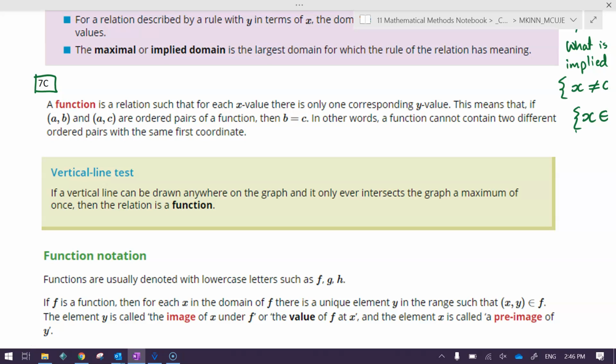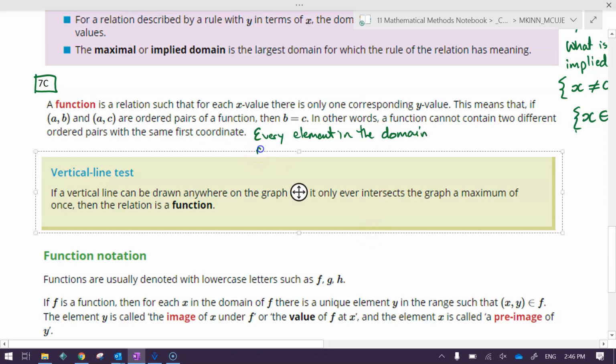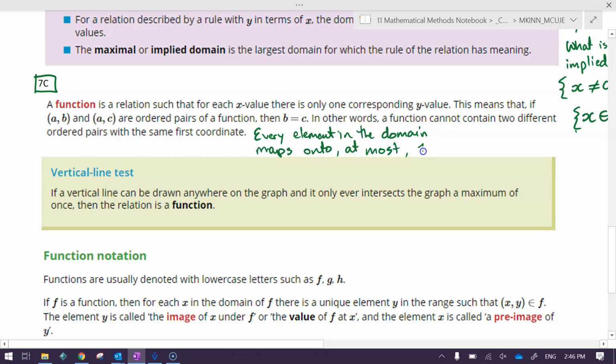And they're special because every element in the domain maps onto at most one element in the range.